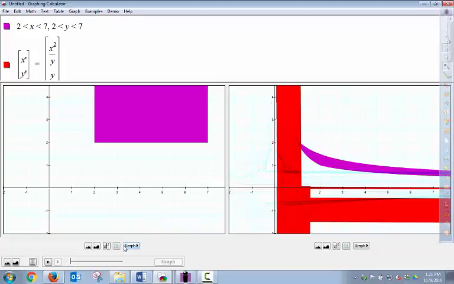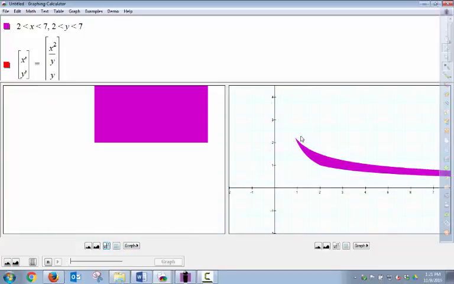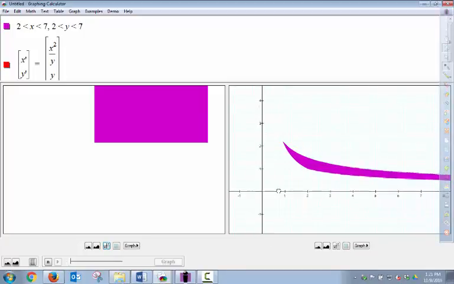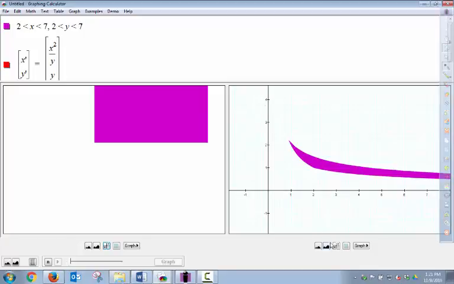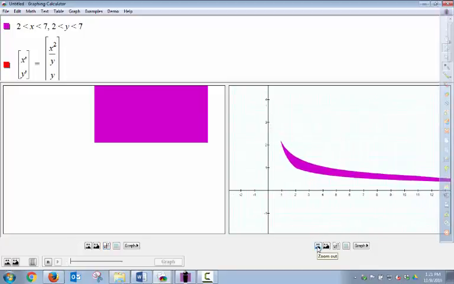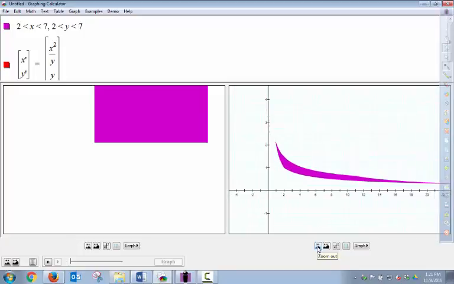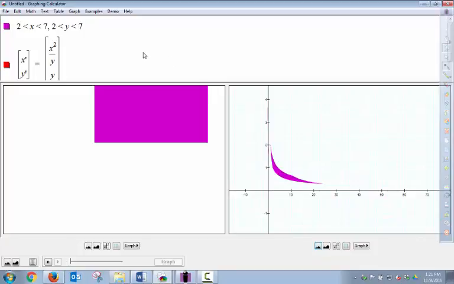There's weird stuff happening. But if I take out the axes, this over here would be the region that we were talking about.